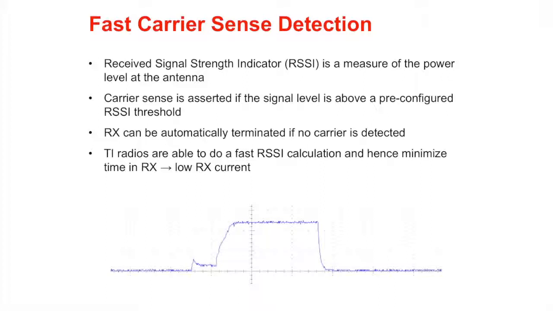If the signal is below threshold at this time, receive mode can be automatically terminated and the radio can go back to sleep without the intervention of the host MCU. TI's performance line radios are designed to minimize the carrier sense response time and hence the time spent in receive. This results in a very low average current consumption while listening for incoming data.